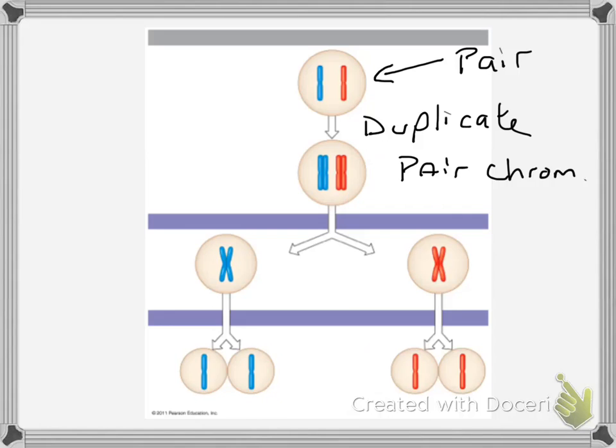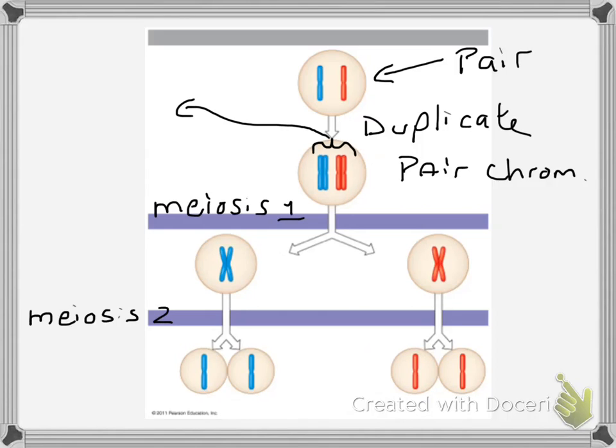Now, these things are going to divide. If we look here, this purple line is meiosis 1, and the second purple line is meiosis 2, our second division. The key here is we refer to these two combined, if you remember back to the previous slide, as a homologous pair.